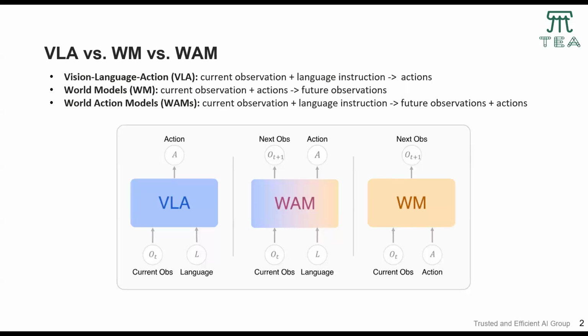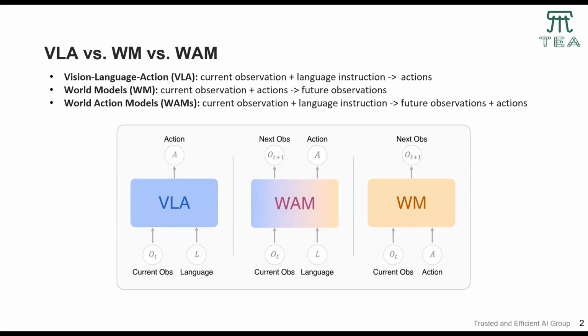First I'd like to clarify three related concepts: VLA, WM, and WAM. VLA stands for Vision Language Action Model, a kind of robot policy learning model for robot control.